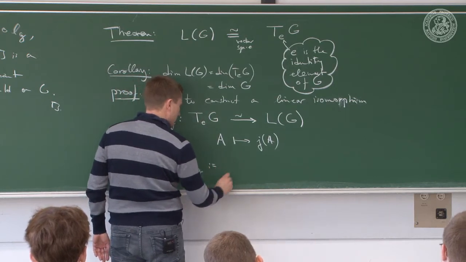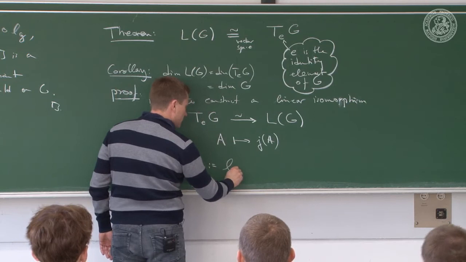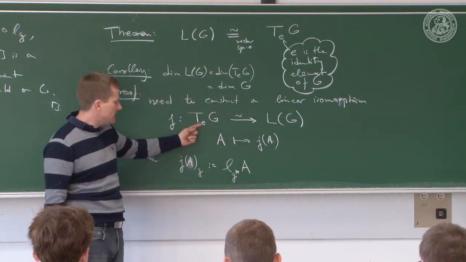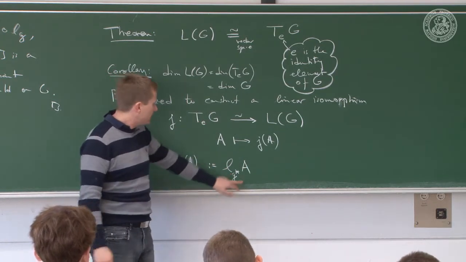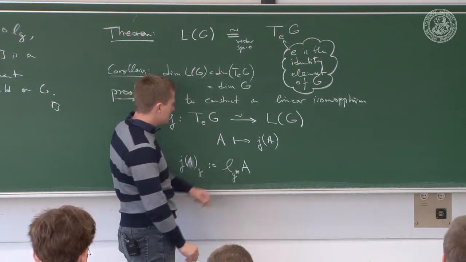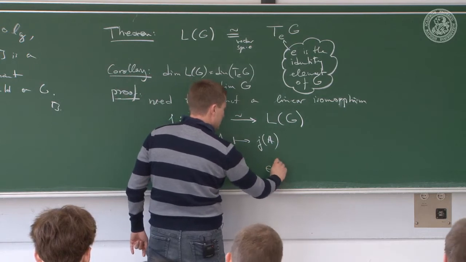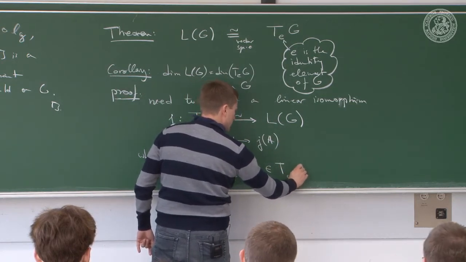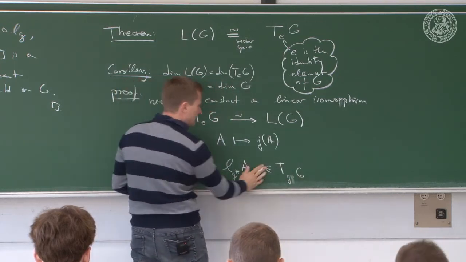Well, nothing simpler than that. I use the left translation and I push forward the element in the tangent space at E. I push it forward using L_G. If A was a vector in T_E G, then this is a vector in T_{GE} G, but GE is just G. That lies in T_G G too, that's fine.